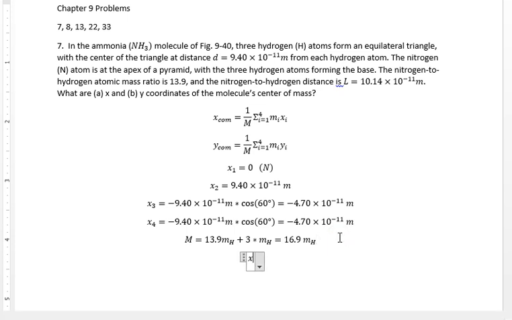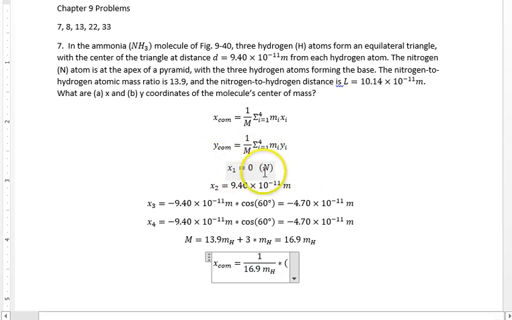And then we put together the x center of mass. Well, we've got 1 over 16.9 hydrogen masses, times, okay, the nitrogen is at x equal to 0, so it doesn't even play into this.